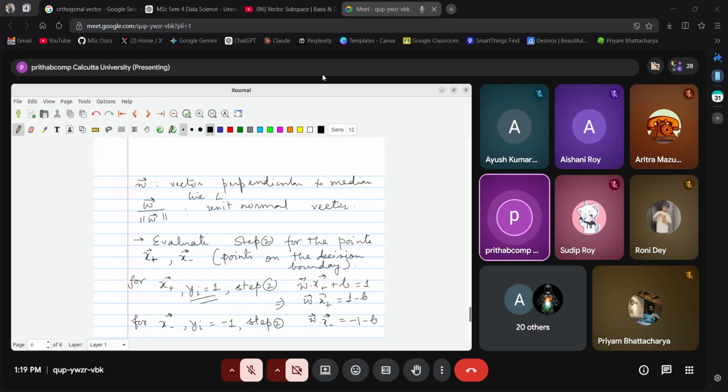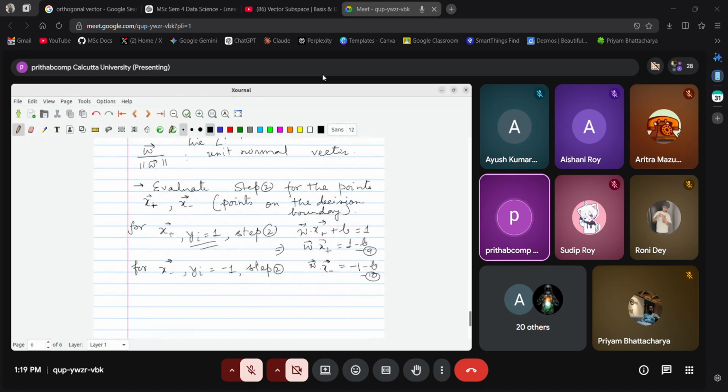Because now yi is minus 1, so minus 1 multiplied with this particular thing. If you do the algebraic manipulation, you will get w x minus equal to minus 1 minus b. So let's call this equation 9 and this equation 10. Okay.